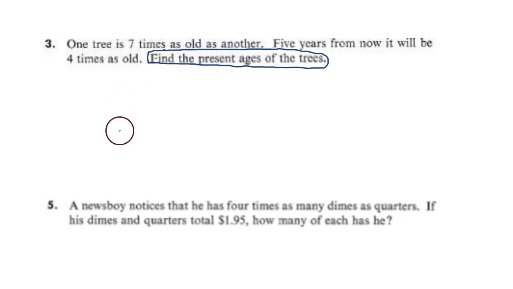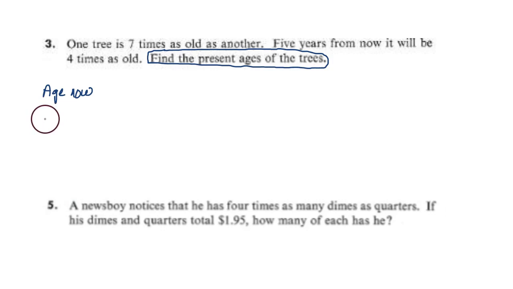We want to identify variables to represent the ages of the trees. And it might help to use a chart to help us keep track of when we're talking about the present age versus the age in the future. So over here on the side, I'm going to write the present age, or the age now.